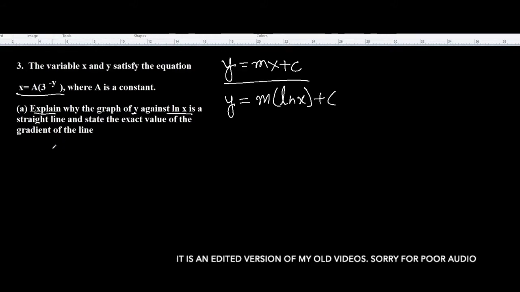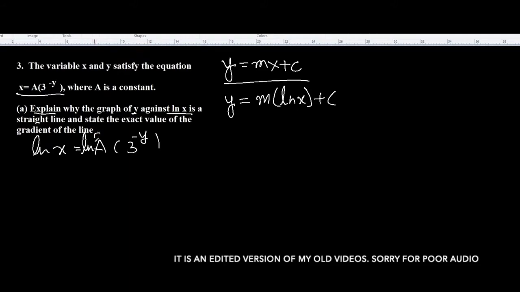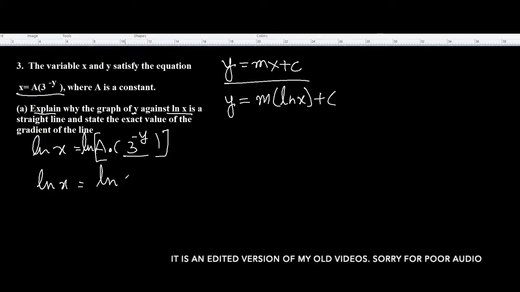So what we will do, we will convert this equation into the equation they want. So we'll put a ln in front of this and ln in front of this, and this whole thing is inside ln now. So I can write like this, and since a and 3 to the power minus y are multiplying, we can separate them according to logarithmic rules.